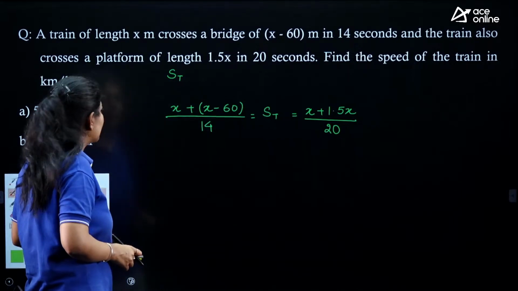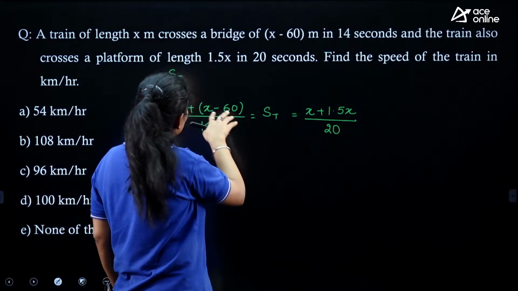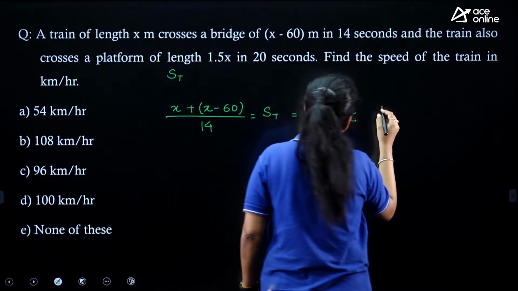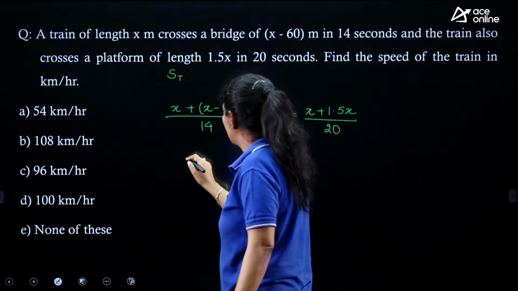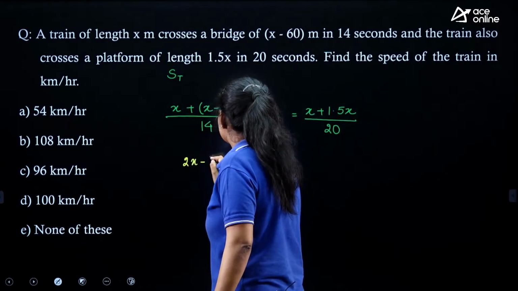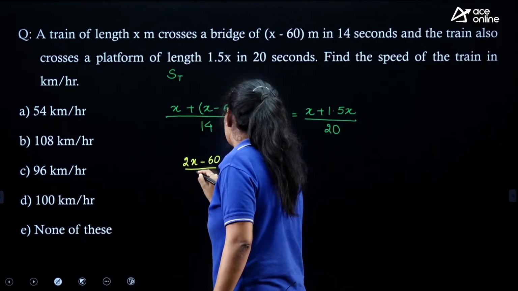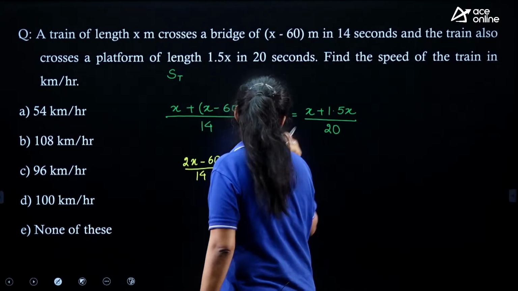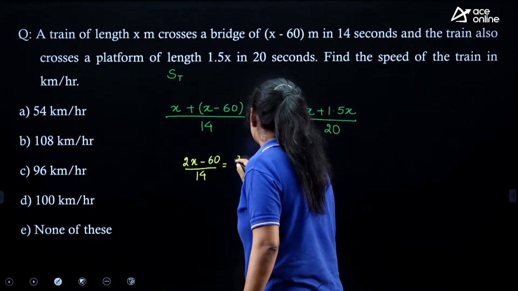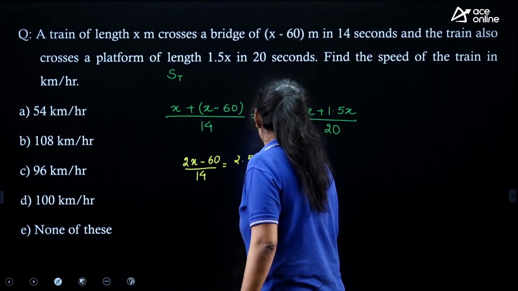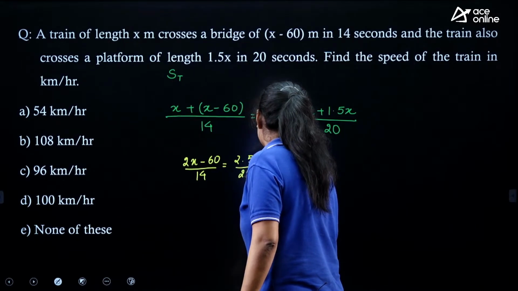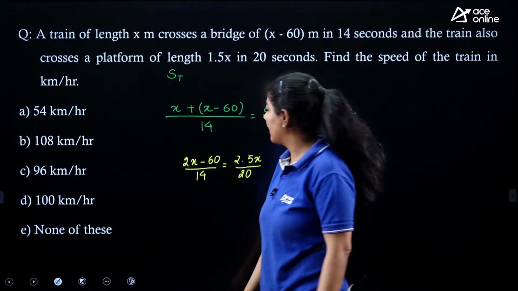When I calculate this, we get 2x minus 60 divided by 14 equal to 2.5x divided by 20, right? This is what we have.